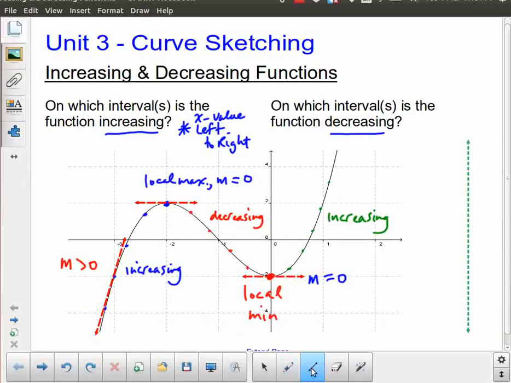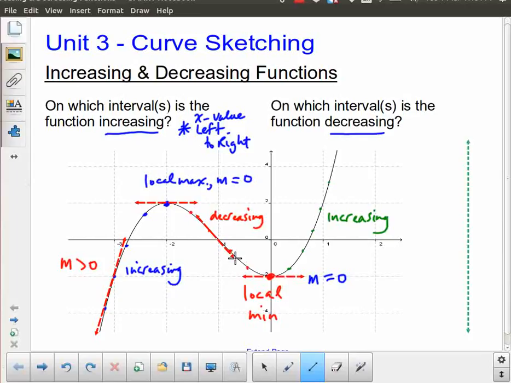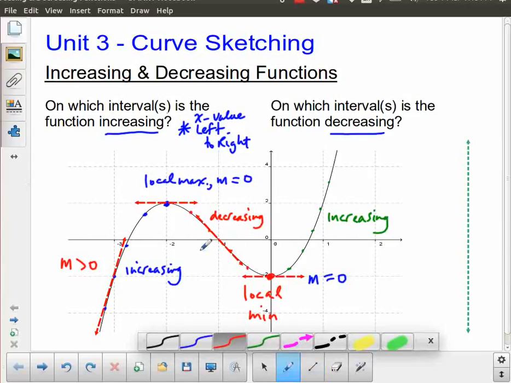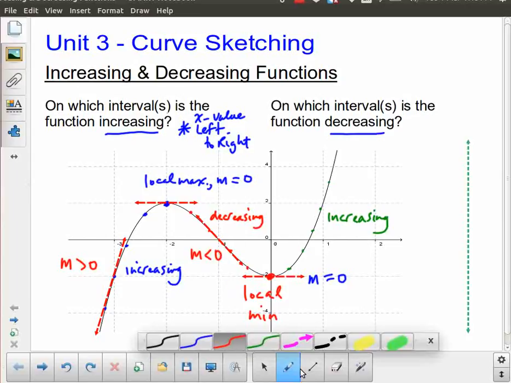Similarly, if I were to draw a straight line along here, quite obviously, we have a slope of a negative value. I used the word obvious there. I apologize. Pet peeve among some of my students.